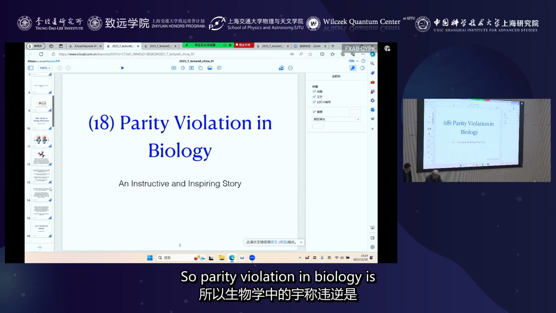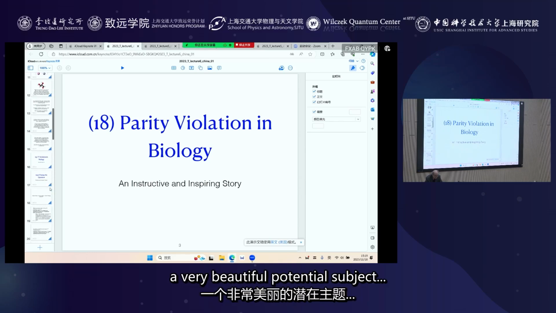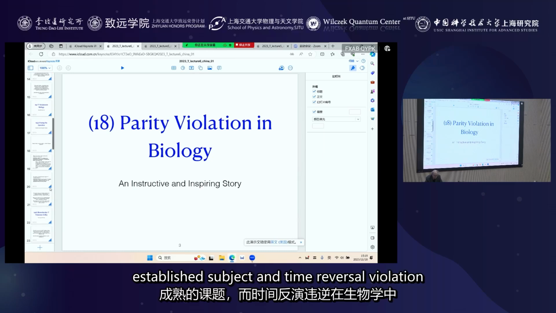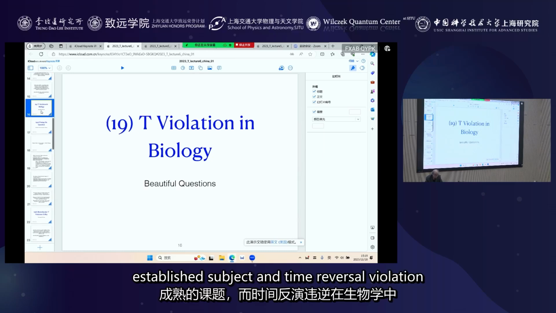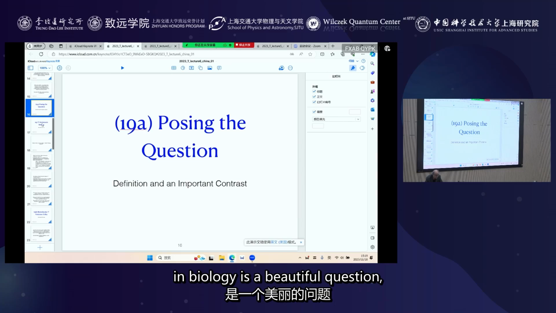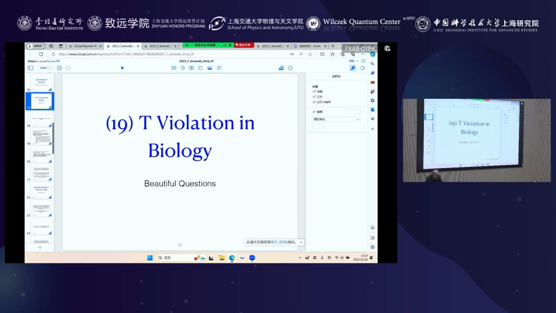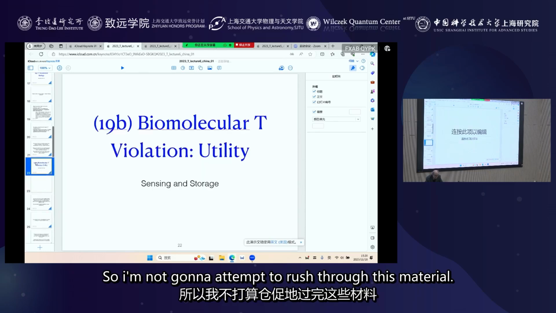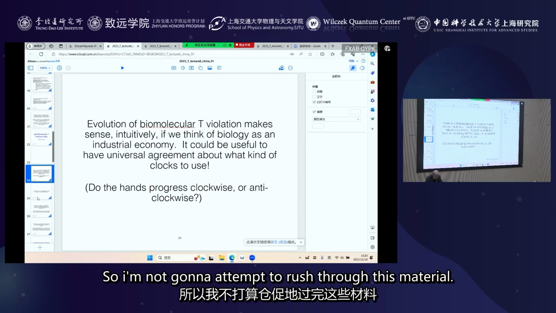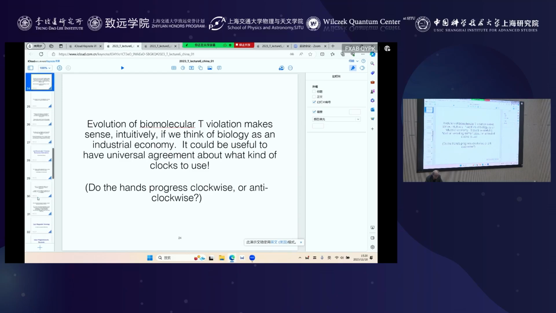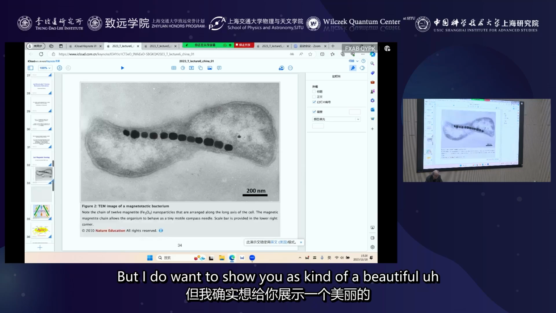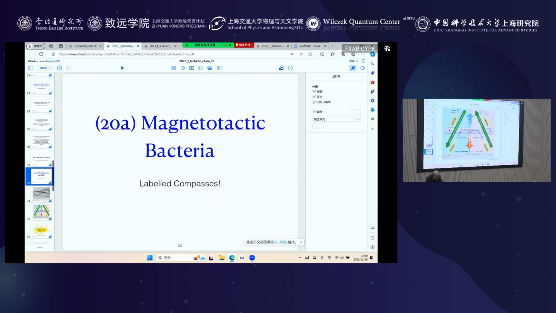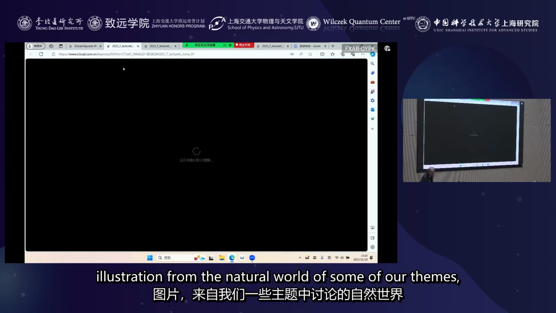Parity violation in biology is a very beautiful potential subject, an established subject, and time reversal violation in biology is a beautiful question. But it deserves more than the cursory treatment, so I'm not going to attempt to rush through this material. But I do want to show you a beautiful illustration from the natural world of some of our themes.